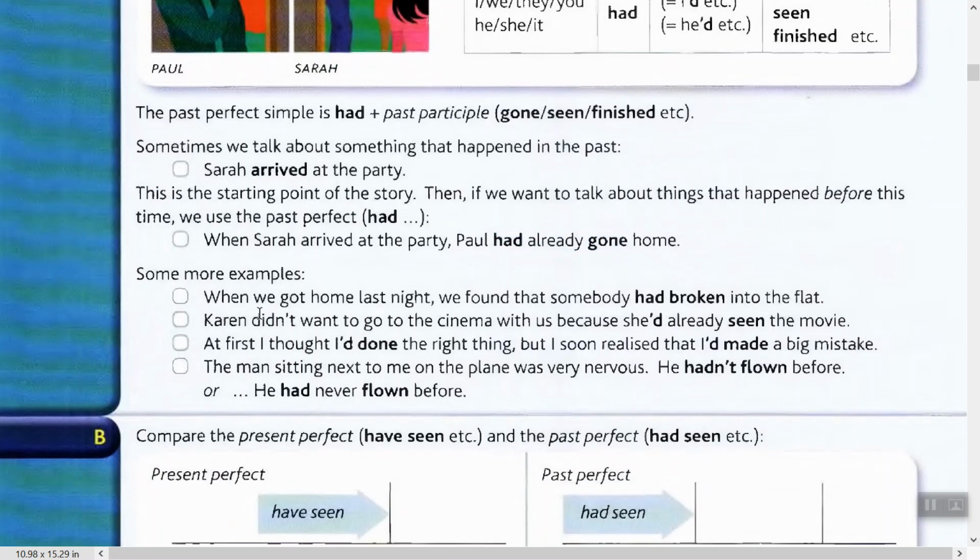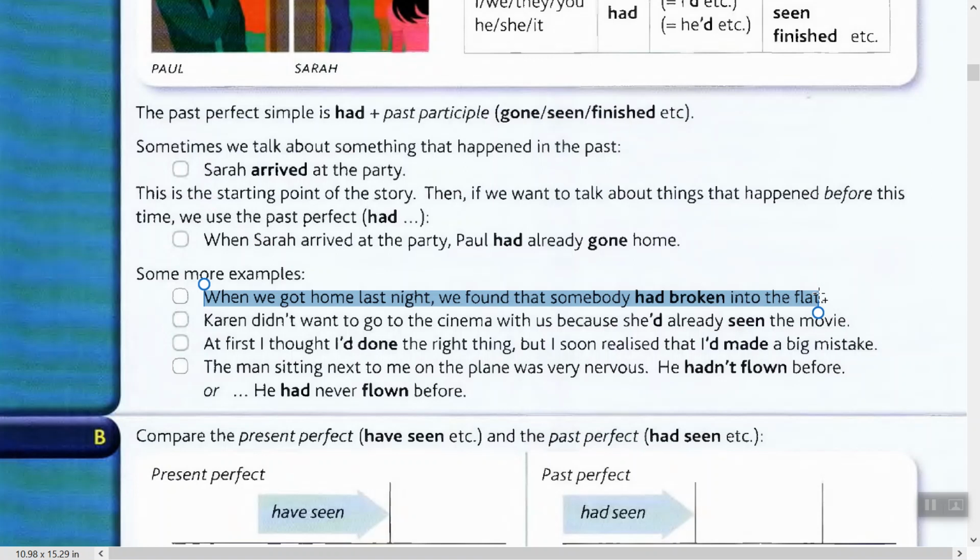When we got home last night, when we arrived home, we found that somebody had broken into the flat. This is very easy. For example, we left the house, and when we came back yesterday, we arrived home at 10 and found the house broken into. In this case we talk all in the past. Now I want to tell you something that happened with this event. What do I say? When I arrived, when I got home last night.